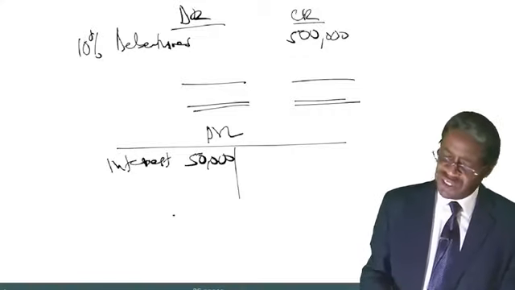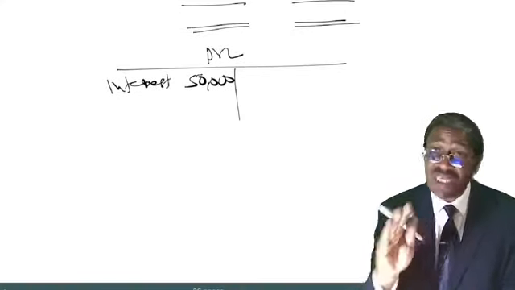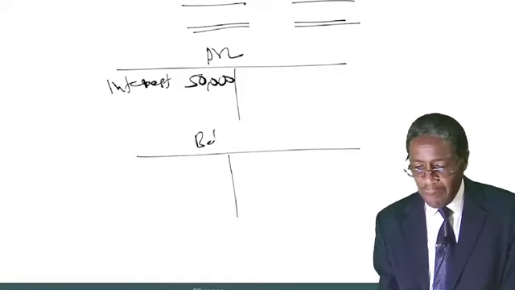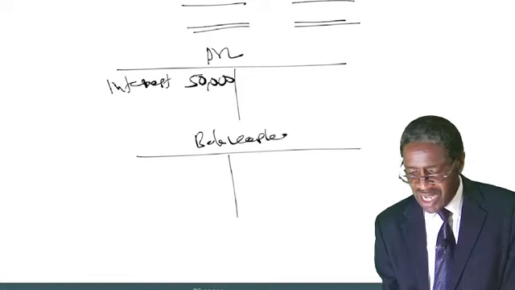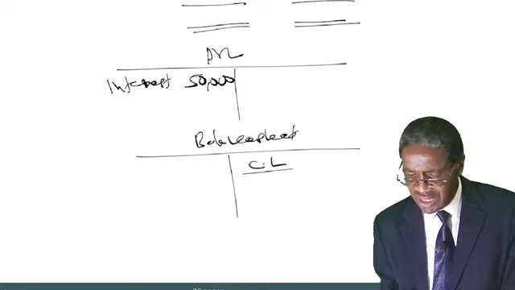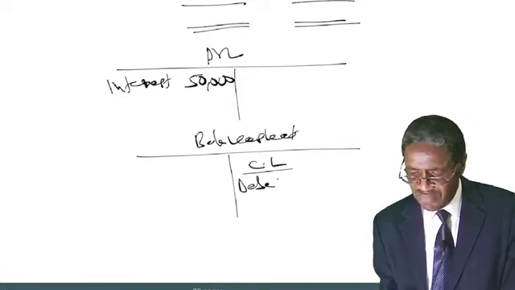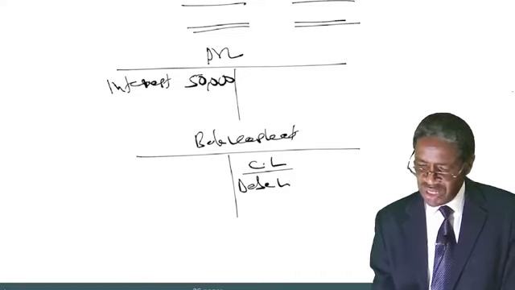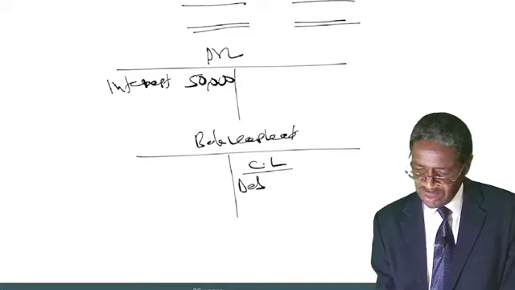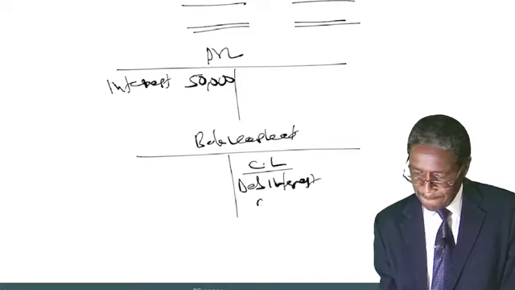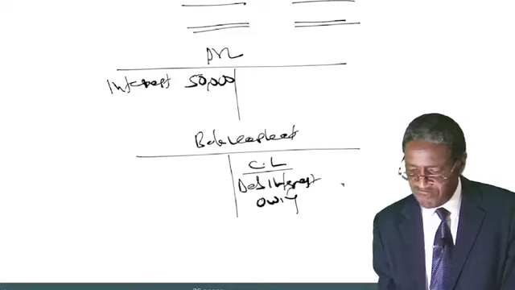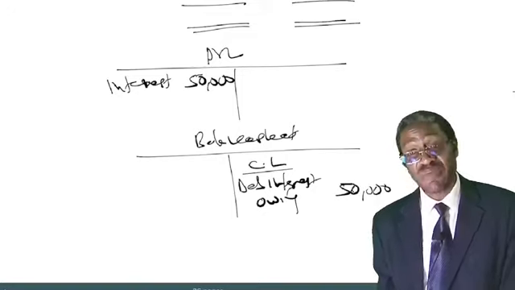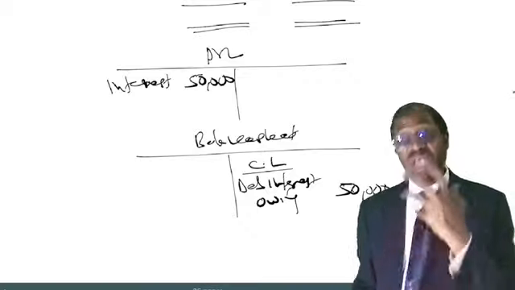So the same 50 will automatically go to the income statement as an expense, and the same 50 will go to your balance sheet now as a liability. Again, among the current liabilities, you will have debenture interest owing of 50,000. So I hope now you know how to treat debenture interest.